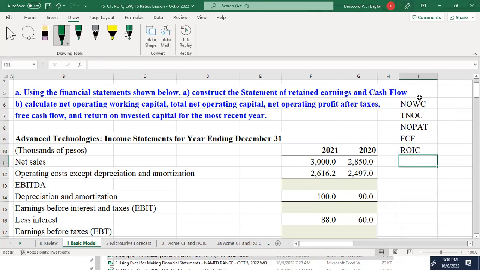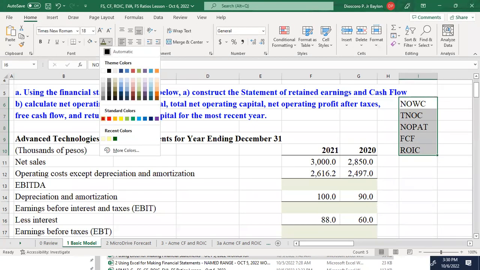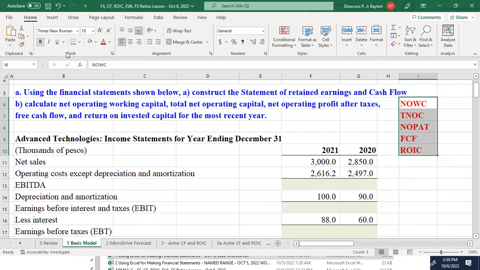May I ask you, class, yes or no, if you were able to discuss this in your accounting subject? Did you measure NOWC, TNOC, NOPAT, FCF, and ROIC? Please chat yes or no. Okay, good, because this will be an opportunity to learn.